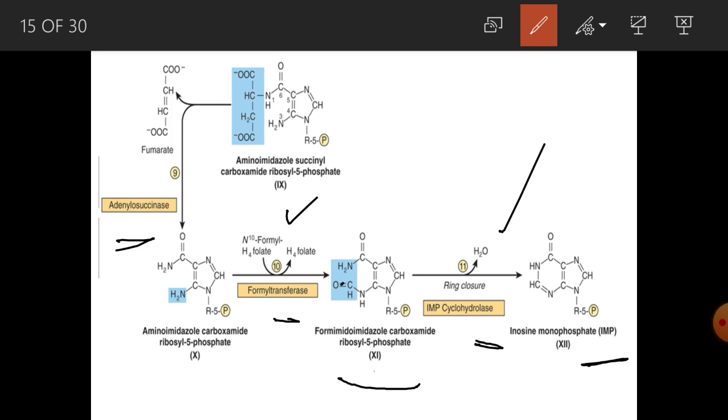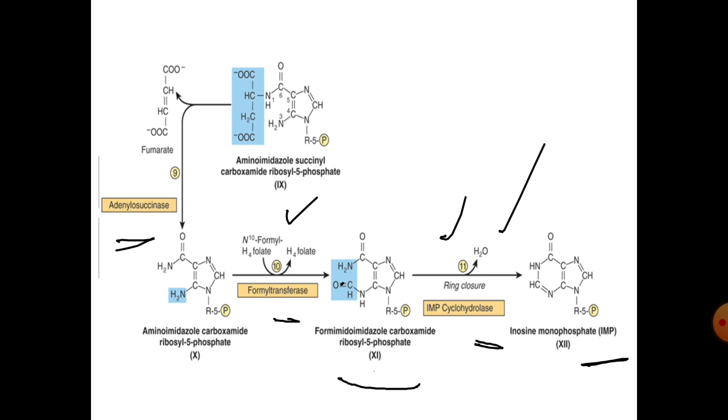So, as we discussed, from PRPP, the first nucleotide that is being formed, ribonucleotide, after 11 steps we are getting inosine monophosphate. From here now there will be bifurcation. In one pathway there will be adenosine formation or ATP formation, in other there will be GTP formation.